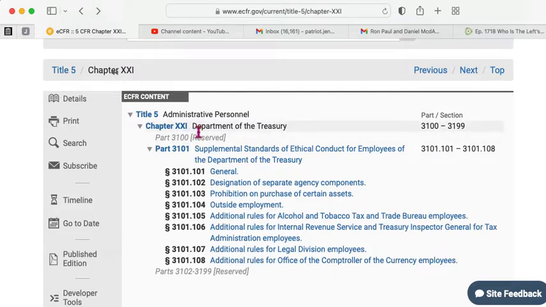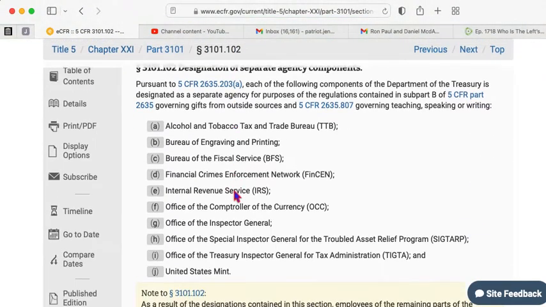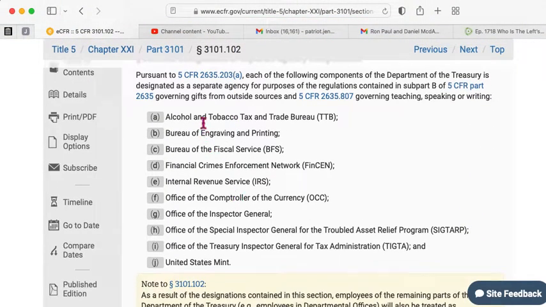So Chapter 21, Department of the Treasury. So in general, designation of separate agency components. So you have the Alcohol and Tobacco Tax and Trade Bureau, Bureau of Engraving and Printing, Fiscal Services, Financial Crimes Enforcement, and Internal Revenue Service.